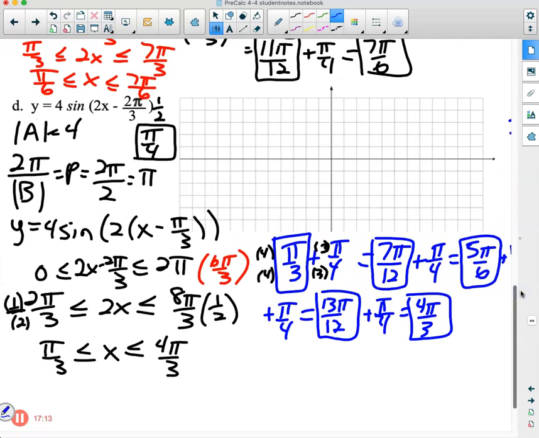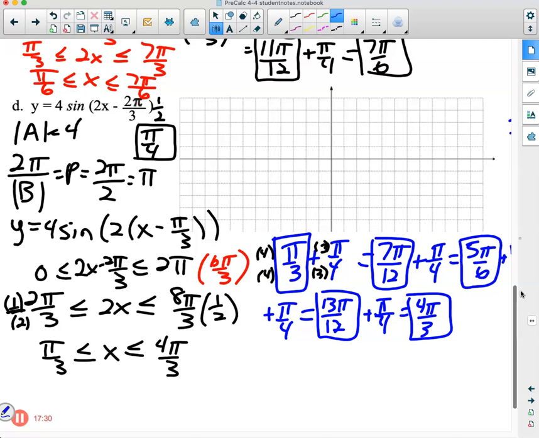So now, look at all those fractions. What are our intervals going to have to be when we actually start our labeling? What's each block going to need to be? Pi over 12 has to be. Got to use that biggest denominator.